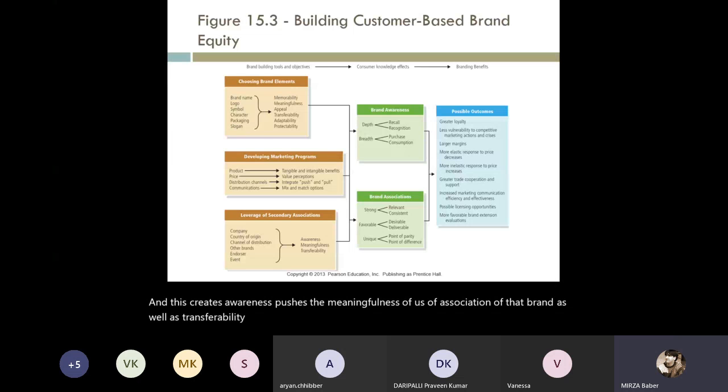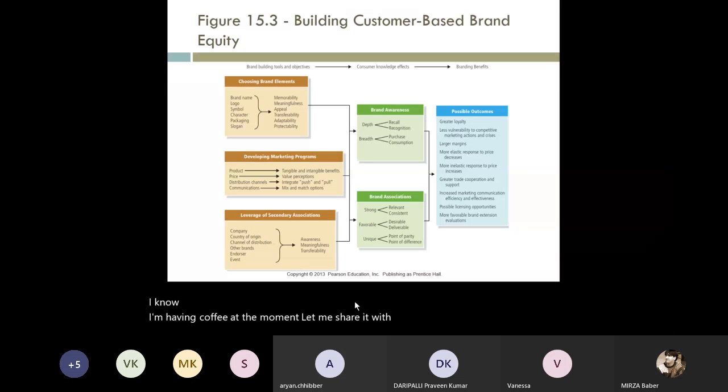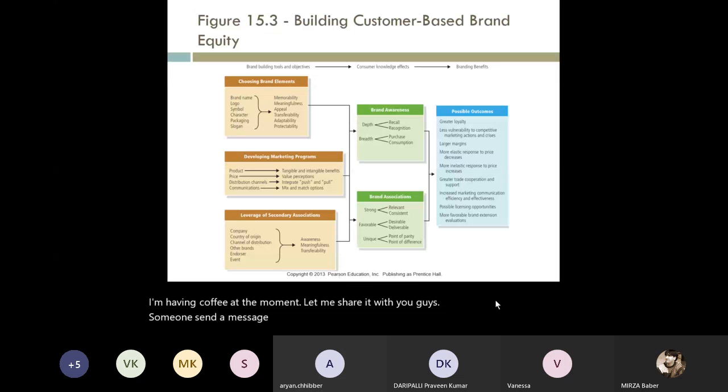Just to look back if anyone sent me a message. This is keeping me alive, Rohit. Good. What's keeping me alive is money. Bon appetit, Rohit. Enjoy your Kinder Bueno. I'm having coffee at the moment. Let me share it with you guys. Someone sent a message? No. I'm having coffee.